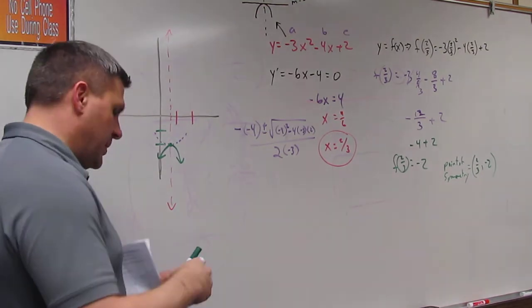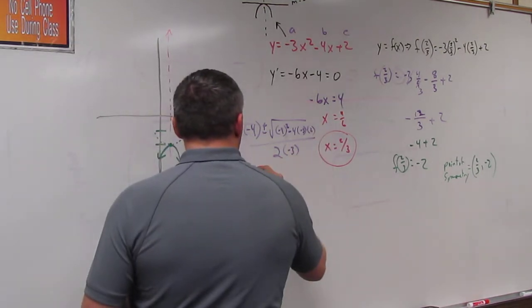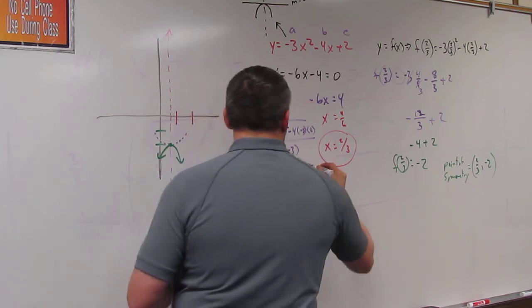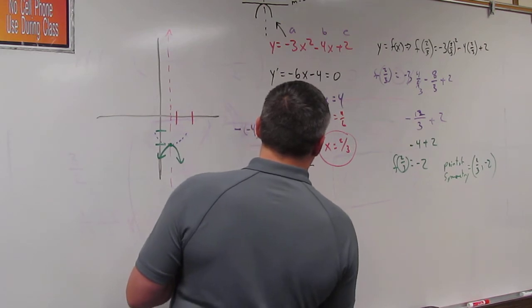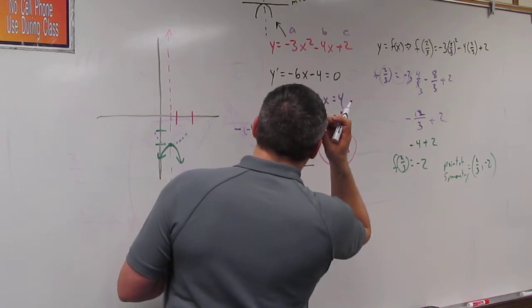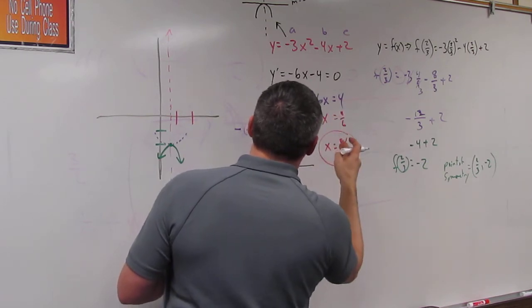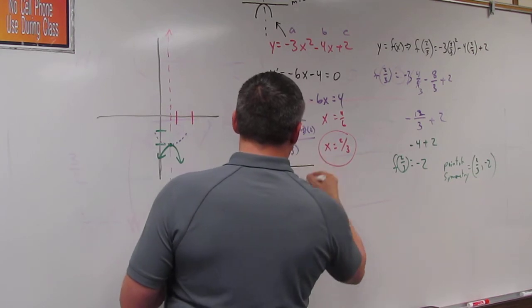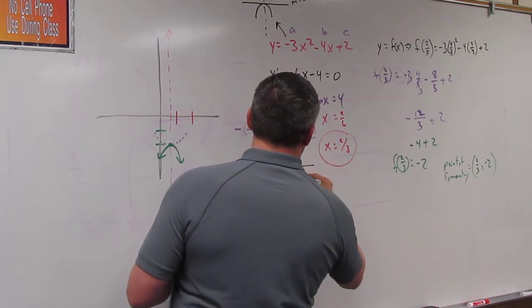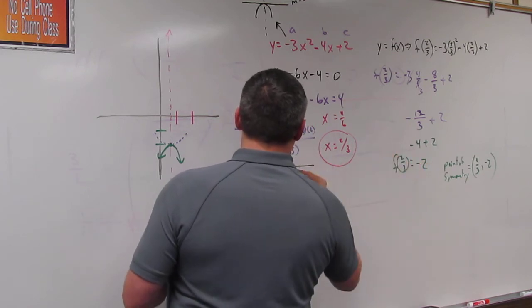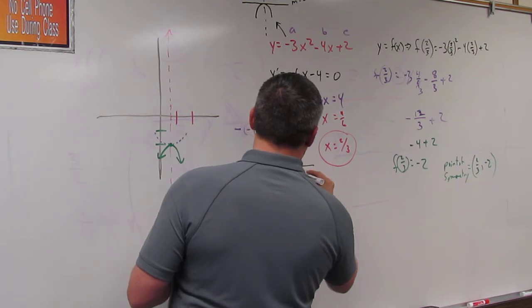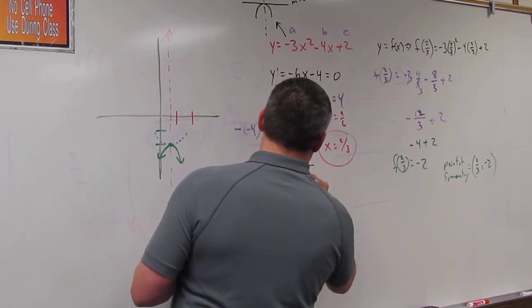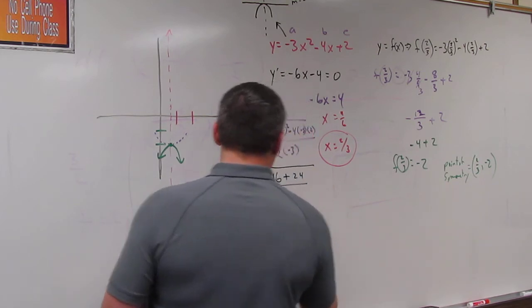So now I have 4 plus or minus the square root of 16 plus, uh-oh, that's not good. Minus 4ac, yep, plus, so I did something wrong over here, plus 4 times 3 is 12, times 2 is 24, all over negative 6.